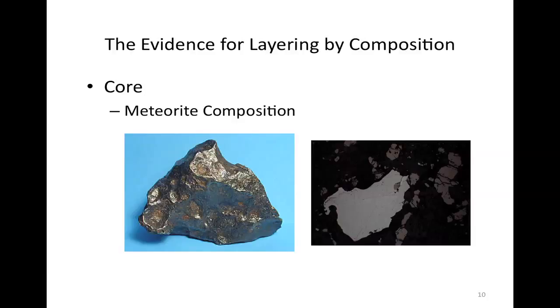We know that we have a metal interior, and because meteorite compositions, in part, some of them are pure iron and nickel, we believe our interior is probably matching that composition as well. So that's where our iron nickel composition for the center of our planet is coming from.